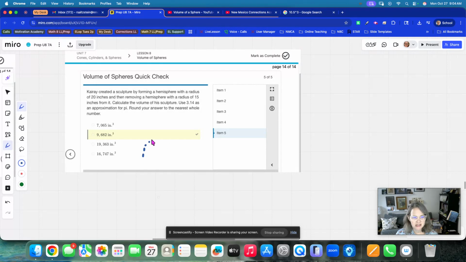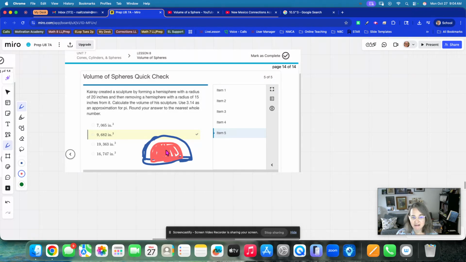So this took me a little bit to think about. A hemisphere is half of a sphere, right? So what they've done, this sculptor has scooped out this hemisphere in the middle. Imagine a ball of clay.